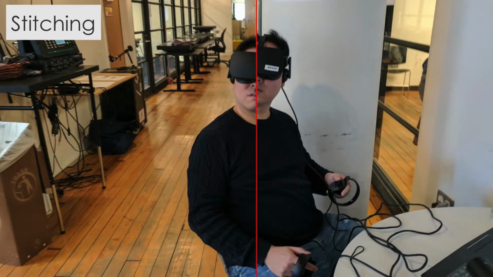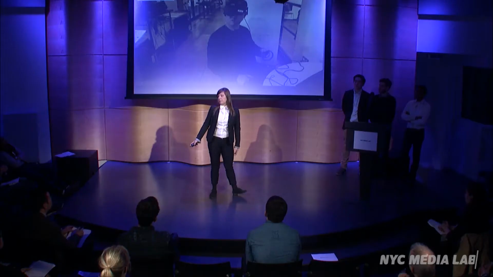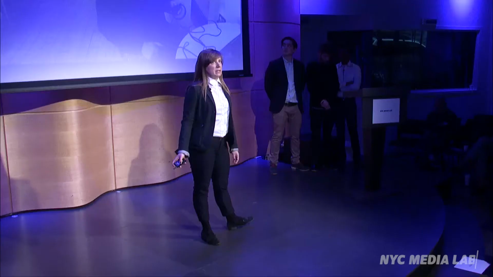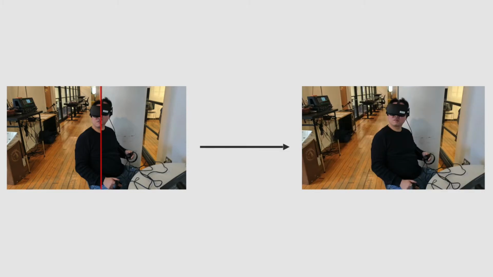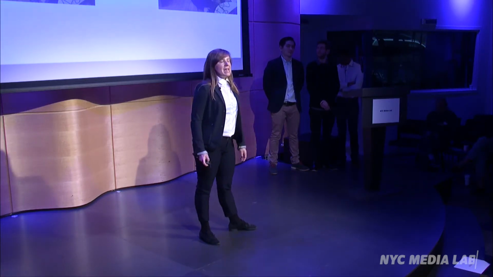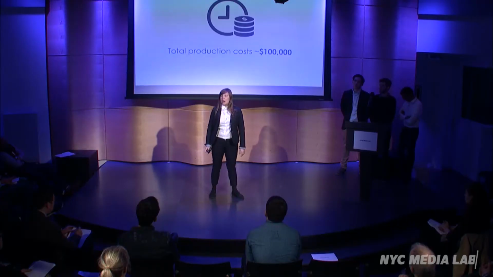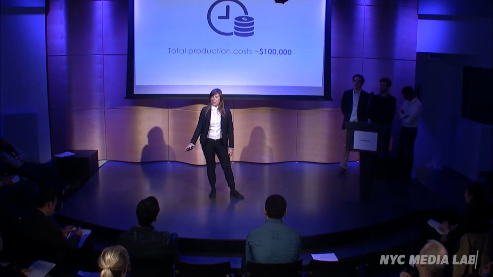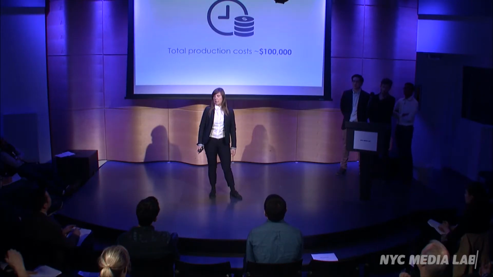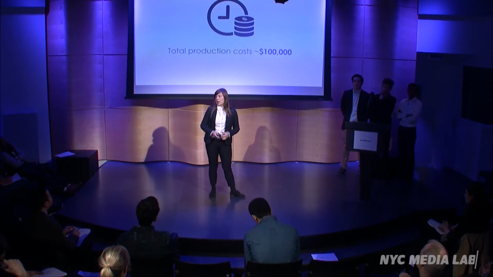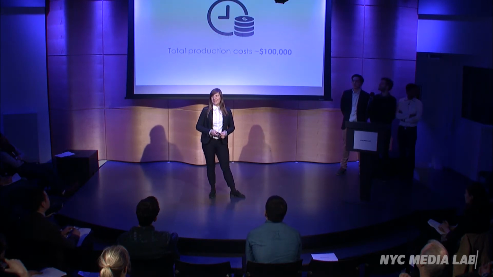If you place a character along the stitch line, this needs to be fixed in post-production, and it's going to be very expensive. So to get from something like this to this, it's going to cost you $10,000 per fixed minute. As we can all see, producing for VR is very expensive and time-consuming. Right now, costs can go up to hundreds of thousands depending on complexity. Mix will bring these costs down significantly.